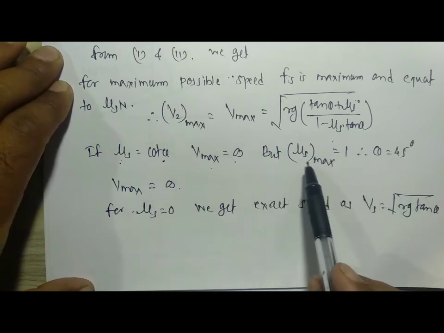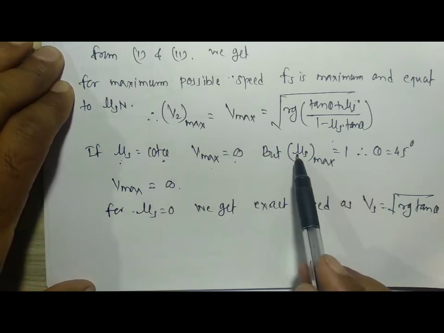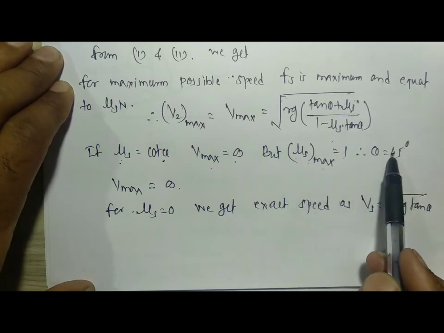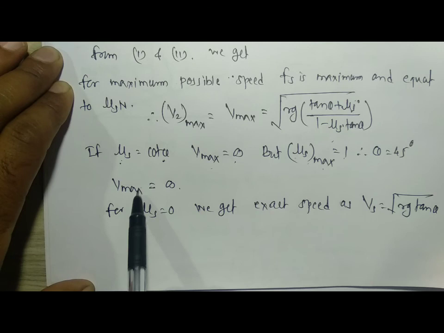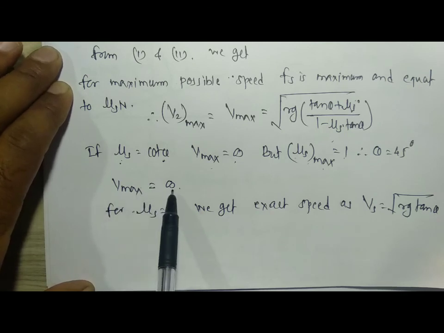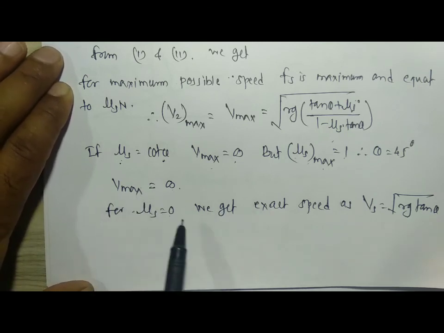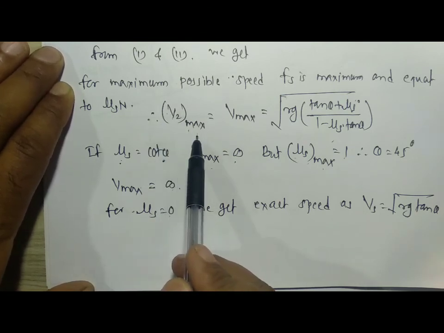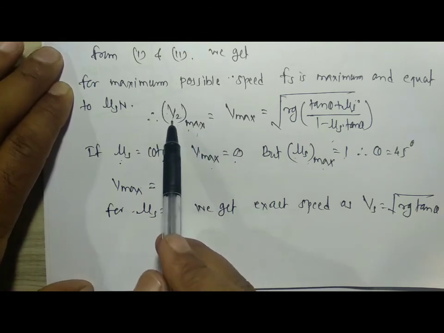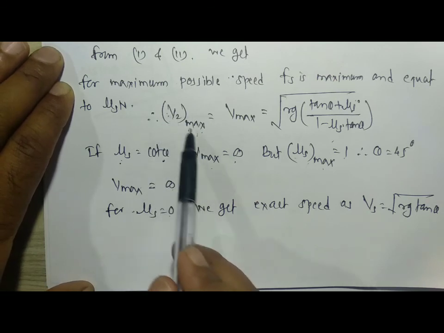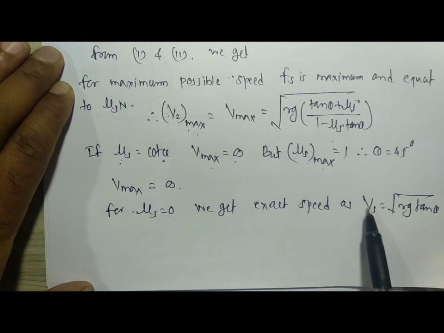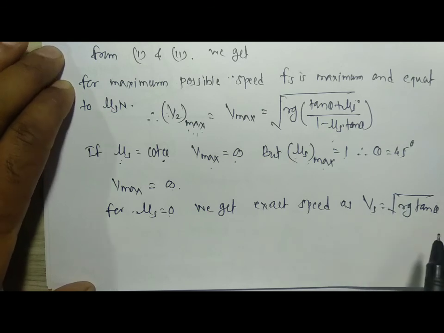At that time mu s maximum is equal to 1 at theta equal to 45 degrees, and at that time also Vmax is equal to infinity. For mu s is equal to 0, the Vmax and Vmin equations give the same exact speed Vs is equal to square root of Rg tan theta.